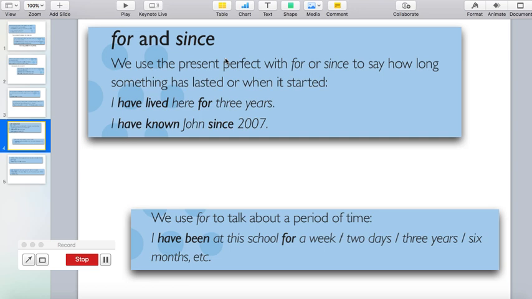Or for is with a quantity of time. Weeks, days, hours, 3 months, 2 years, etc. Since is with a point in time. Since yesterday. Since Monday or last Monday. Since last year or the number, since 2019, okay?